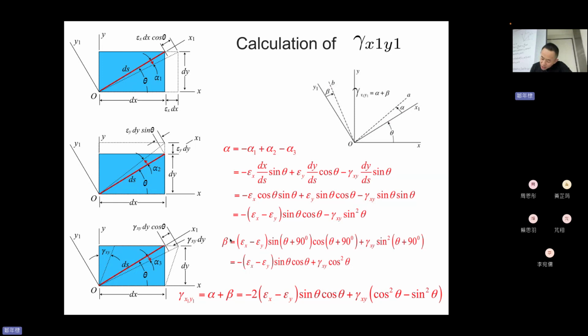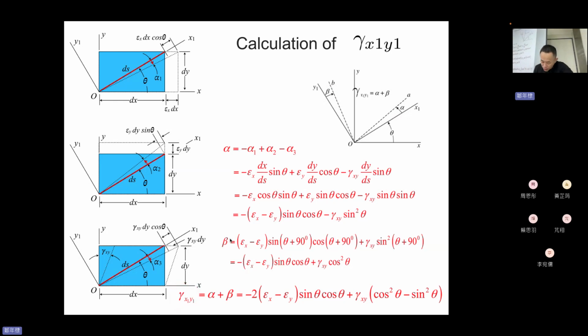The angle difference between A and x1 we call alpha. The angle difference between B and y1 is beta. So gamma x1, y1 equals alpha plus beta. So we need to calculate alpha and beta, and summing them together gives gamma x1, y1.